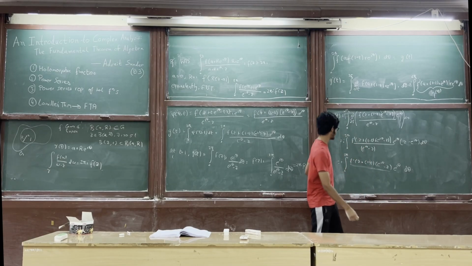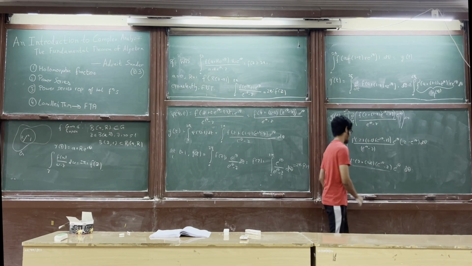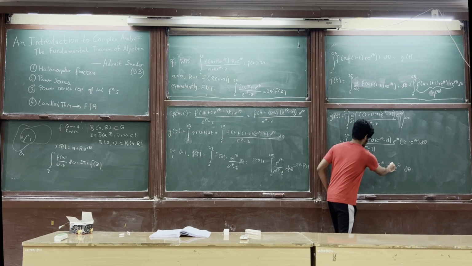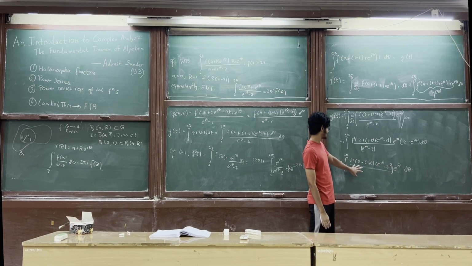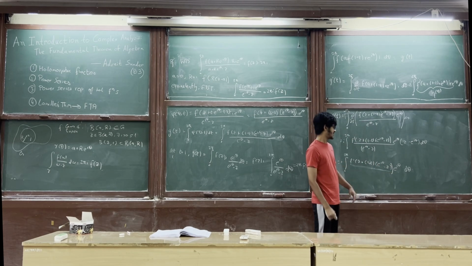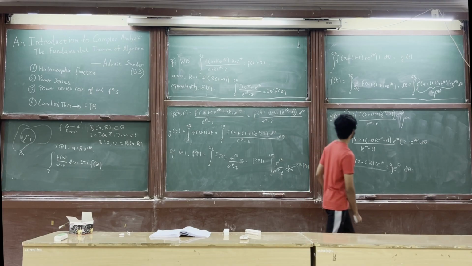And as usual, you find some phi of t whose derivative is this, and then we are done, right?